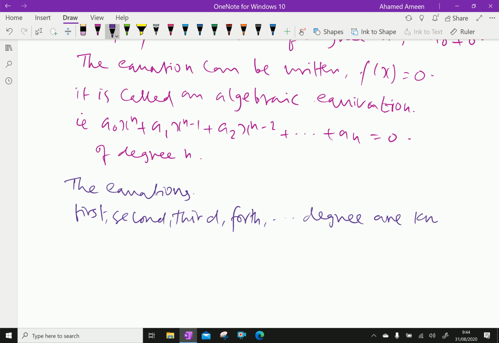If a is there, a be the root, a be the root of the equation.